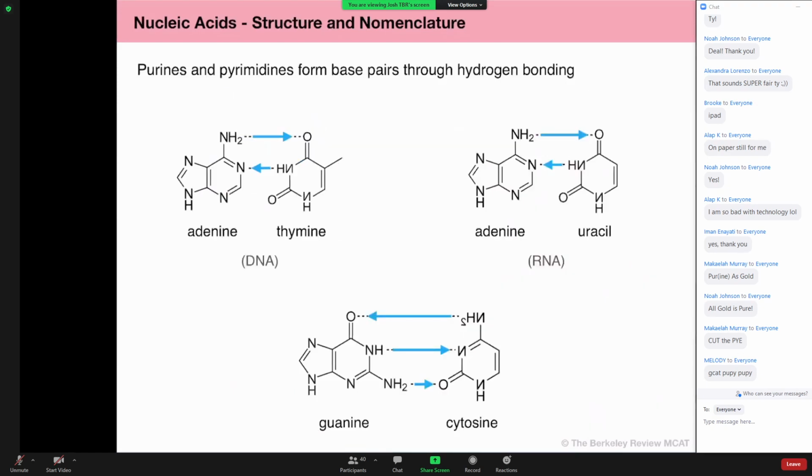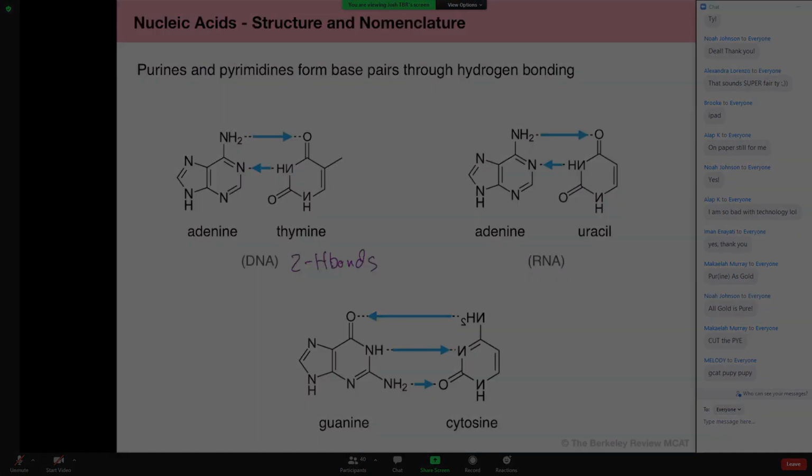Now, right, purines and pyrimidines, they form base pairs through hydrogen bonding. Okay. So A and T, right, can form 2 hydrogen bonds. Right? Same with A and U if we're talking about RNA.